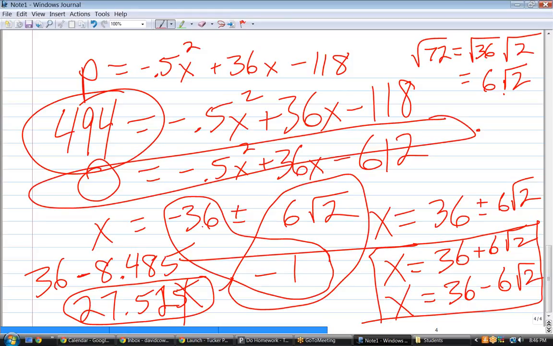Well, that was minus 36 plus or minus the square root of b squared, 36 squared minus 4 times a, which is minus a half, times c, which is minus 118.